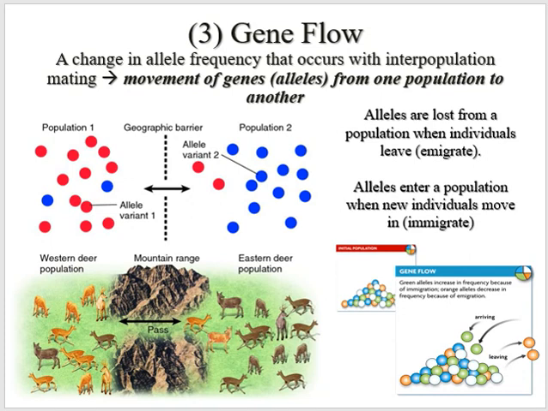And when we talk about migration itself, please don't confuse the migration that I'm talking about with the seasonal migration that you see with birds or monarch butterflies. I'm not talking about seasonal movement patterns.